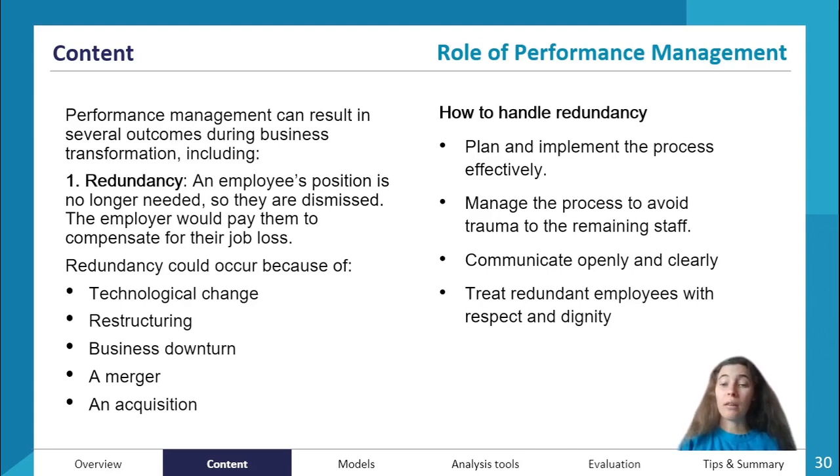You have to communicate openly and clearly to make sure everyone's on the same page, to avoid rumors and misinformation from spreading about the reasoning behind the redundancies. You also have to treat redundant employees with respect and dignity. It can be really tricky when you lose a job, and so that needs to be handled really well to make sure those staff members are looked after.